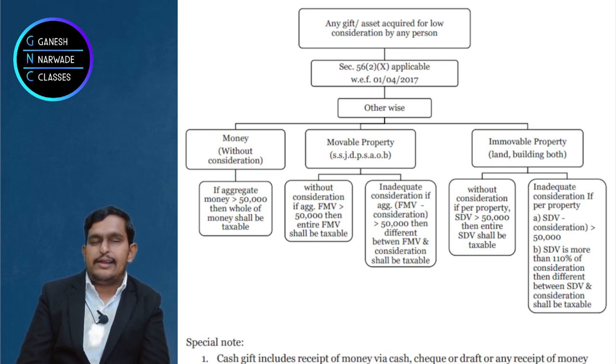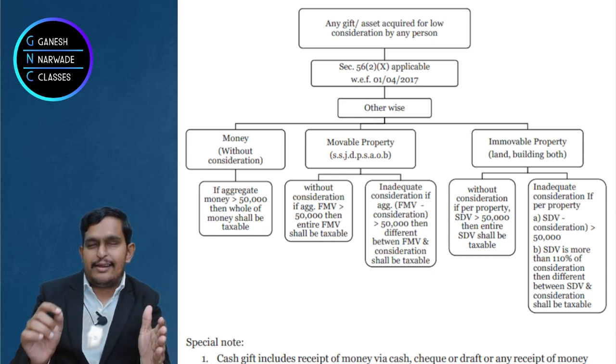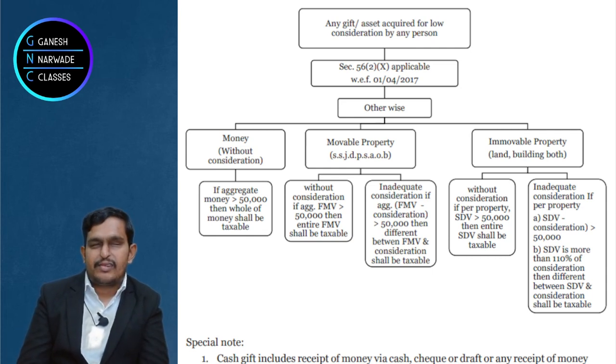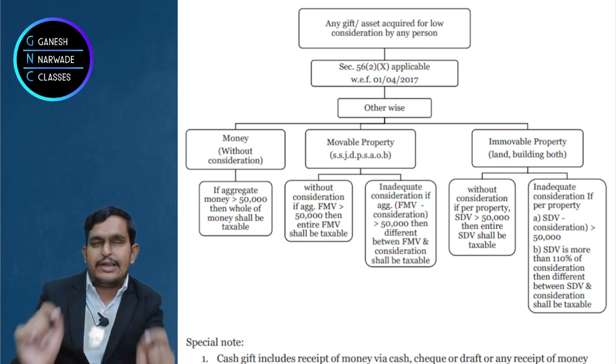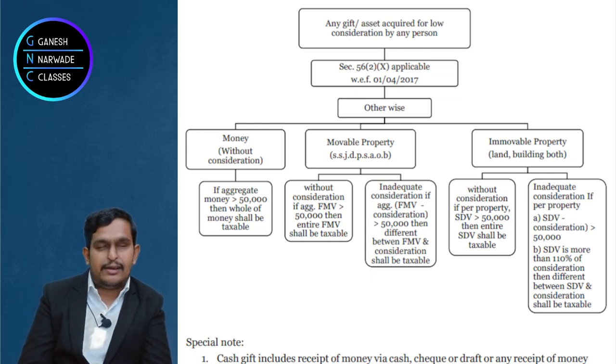So whenever it is inadequate consideration, we should check the difference between the fair market value and the actual consideration. If the difference is more than 50,000 rupees, then the entire difference will be taxable. That means here 1,50,000 minus 50,000, so the entire 1 lakh will be taxable. Keep in mind.